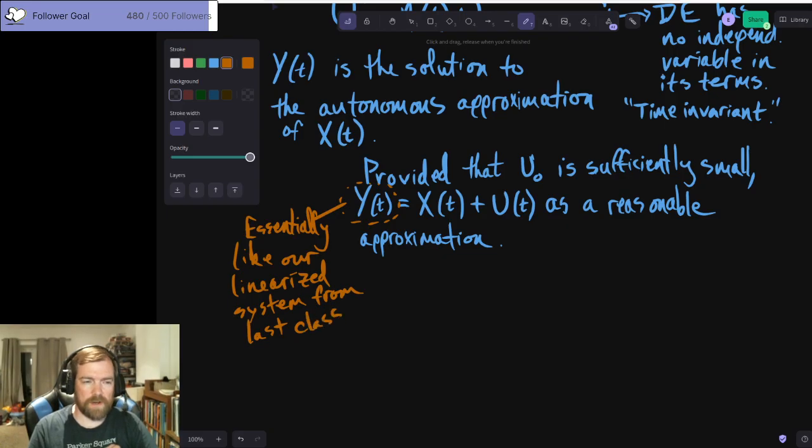The only difference here is that we're not talking about linearization so much as this time we want y of t to be autonomous, so time invariant, whereas x and u can very well be time variant, I suppose.